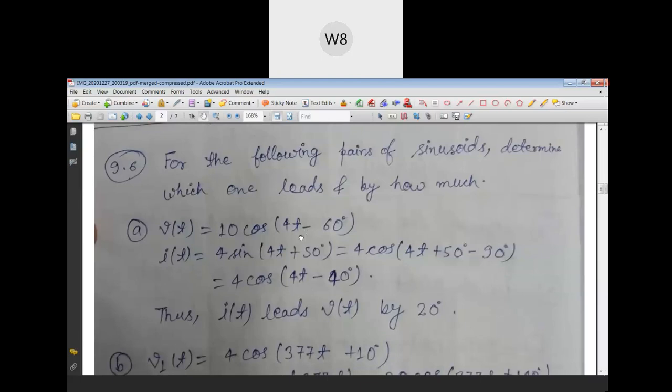So here you can subtract the phase of Vt from the phase of It, and you see that we get a quantity which is plus 20 degrees. So we say that It leads Vt by 20 degrees.